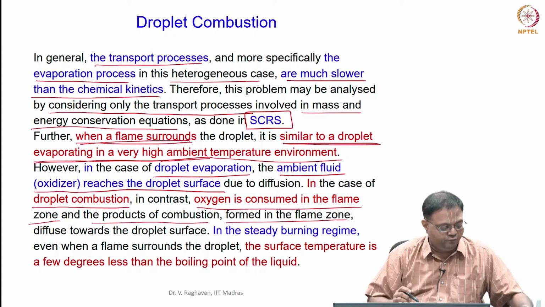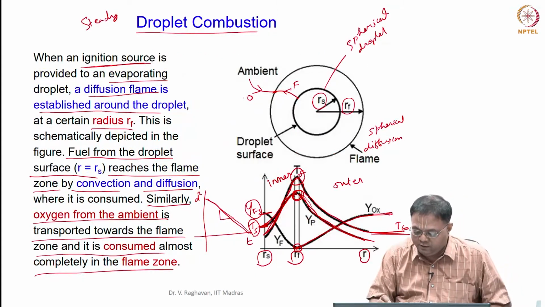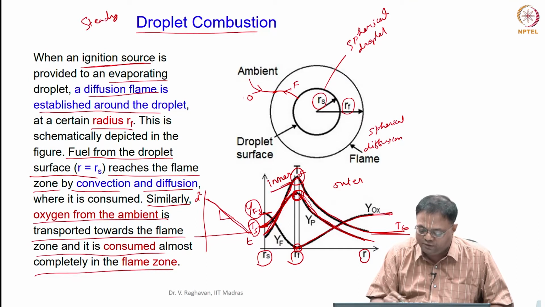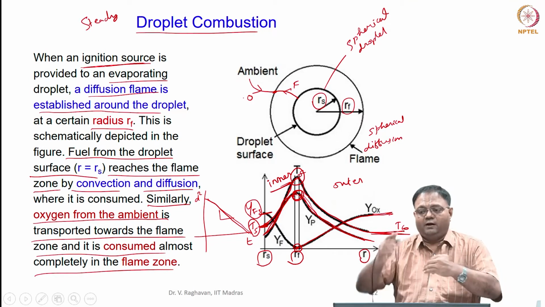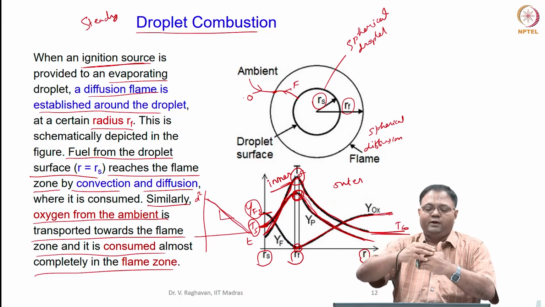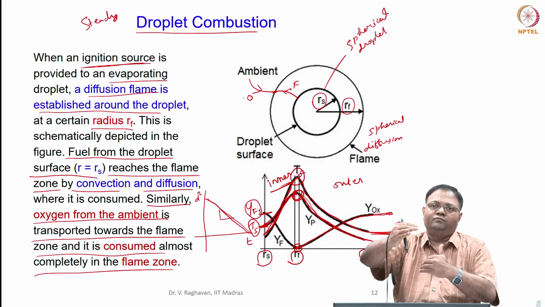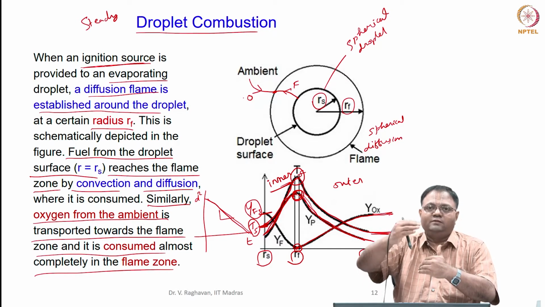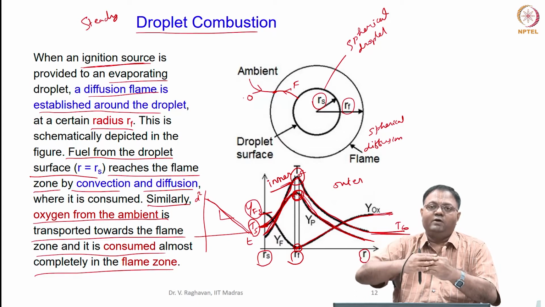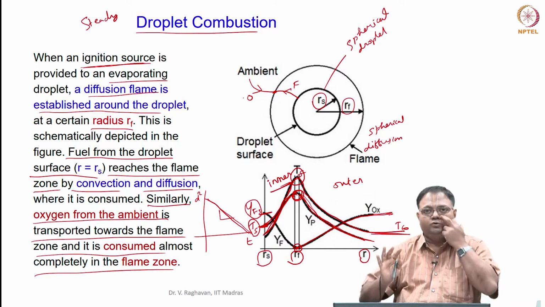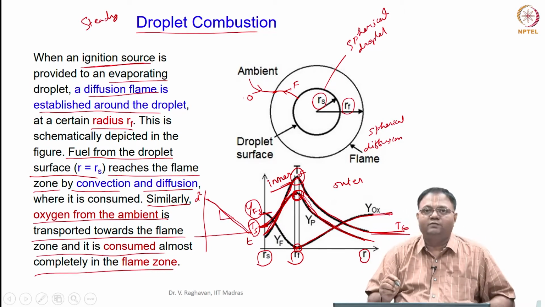If you see the inner zone alone, you have a surface and a flame, and this flame provides heat to the surface. Products are formed at the flame and diffuse here, and the vapors generated from the droplet surface diffuse towards the flame. That is the scenario that prevails here.